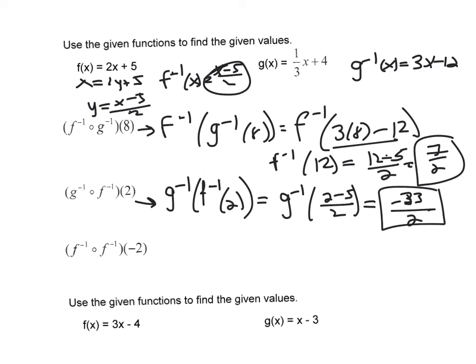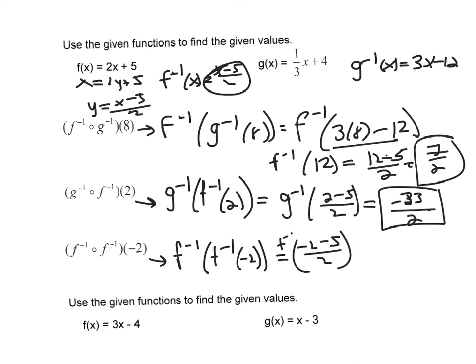And then the last one, what's weird is they want you to find the inverse of f of the inverse of f. So basically you're plugging it in twice. This is the same thing as f inverse of negative 2. So plug in negative 2 for the inverse of f. So negative 2 minus 5 over 2, which is negative 7 over 2.